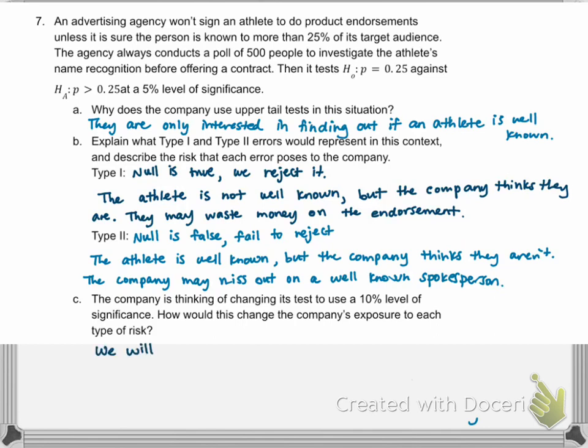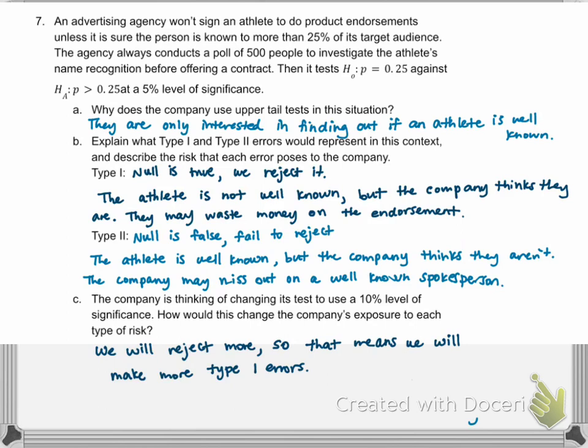However, it's also going to increase your chance of a type 1 error. And so you're going to be making more of those errors where you're potentially wasting money on endorsements for athletes that aren't popular to your target audience. Okay, so it's important when you're analyzing errors like this that you're talking about what happens and then what's the consequence to whoever's making the mistake.